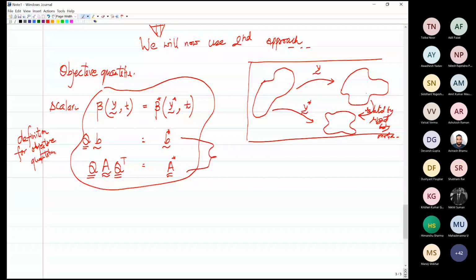Think of this motion y, and at a point here you have a plane, and there you have some traction t.